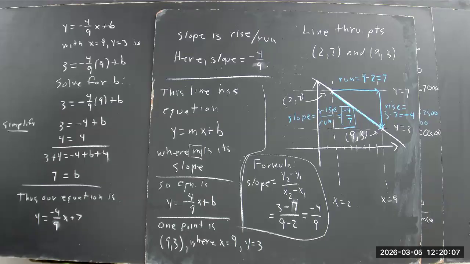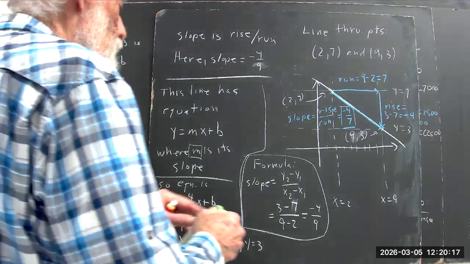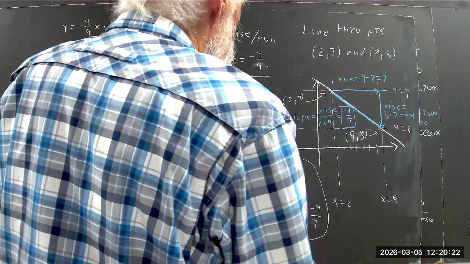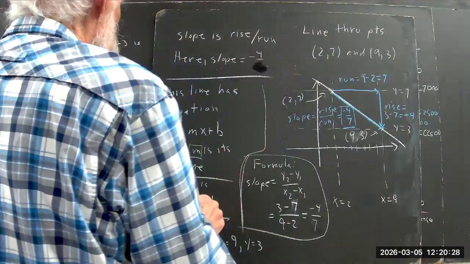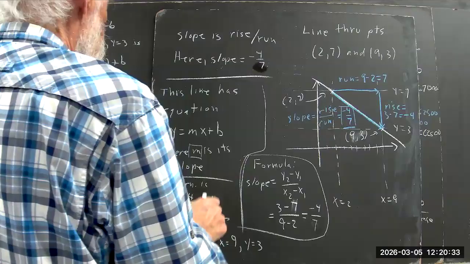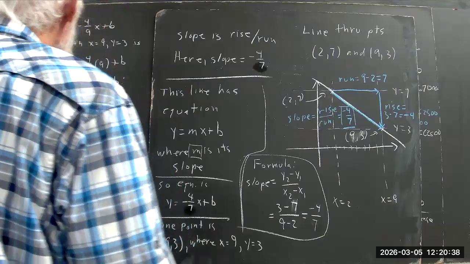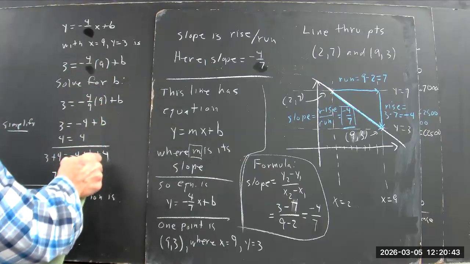Now, the problem I have is I wrote down the wrong slope. This doesn't check out, because 9 minus 2 is 7. My slope should have been 4/7, which I knew perfectly well, but I wrote down 4/9. We can correct that. It should have been 4/7 x here and here.